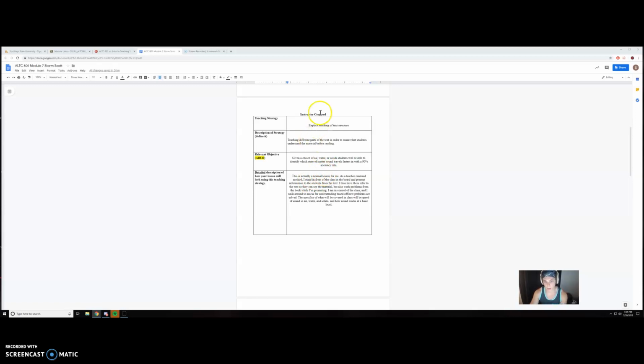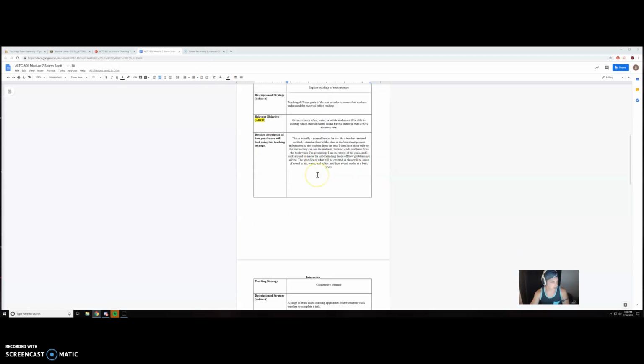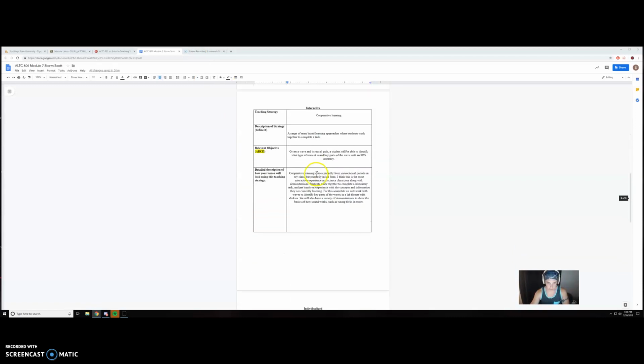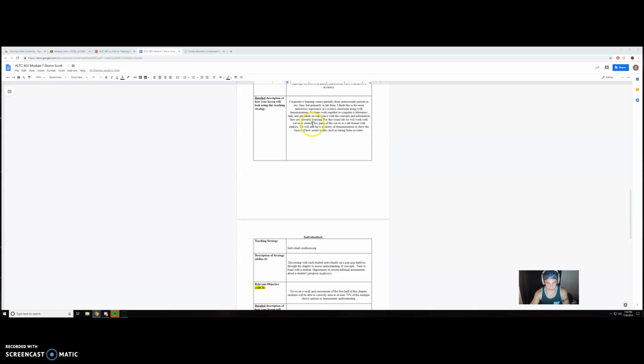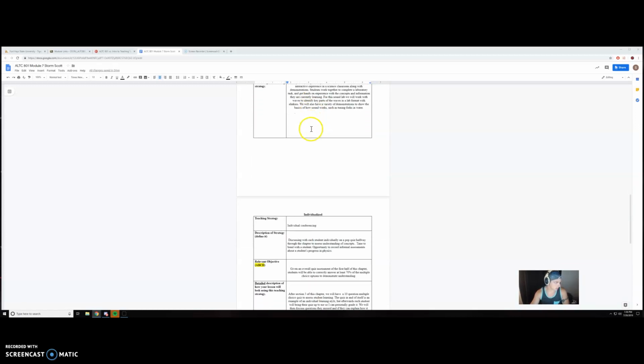I'm in a much more instructor-centered type of environment, and that's just because as a new teacher, I feel like I need more control over things. As I've progressed and gotten more confident with my teaching, I've learned that cooperative learning and students really getting involved is much more important. So getting out of your zone and trying to work with more interactive ways is probably the more difficult part that I saw there.